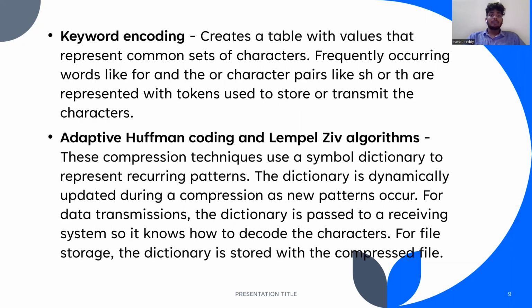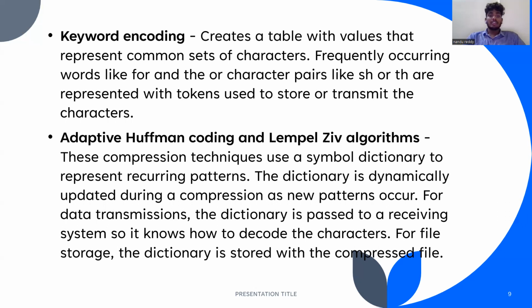Keyword encoding creates a table with values that represent common sets of characters. Frequently occurring words like for, and, the, or character pairs like sh or th are represented with tokens used to store or transmit the characters. Adaptive Huffman coding and Lempel-Ziv algorithm.